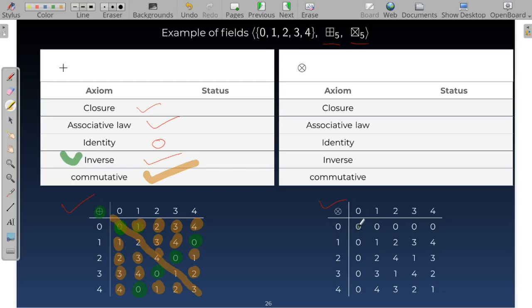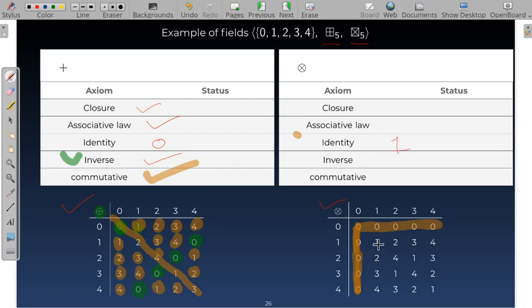Now with respect to multiplication, I have to only look at non-zero elements. So this 0 element I am only going to cross out. So you can see that 1, 2, 3, 4, this is going to be our group. This should form a group, and a commutative group at that. So you can see that identity here with respect to multiplication is always 1.